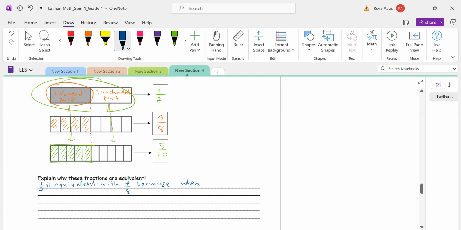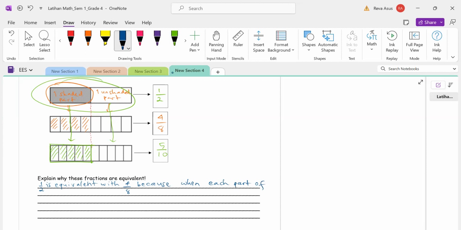1 out of 2 is equivalent with 4 out of 8 because when each part of half, yes, we can write it.